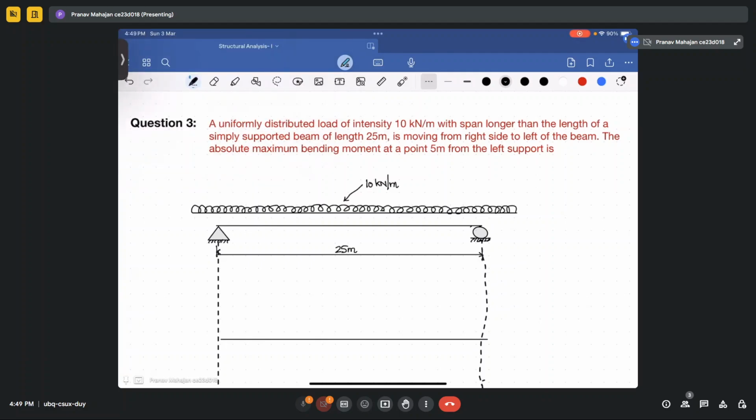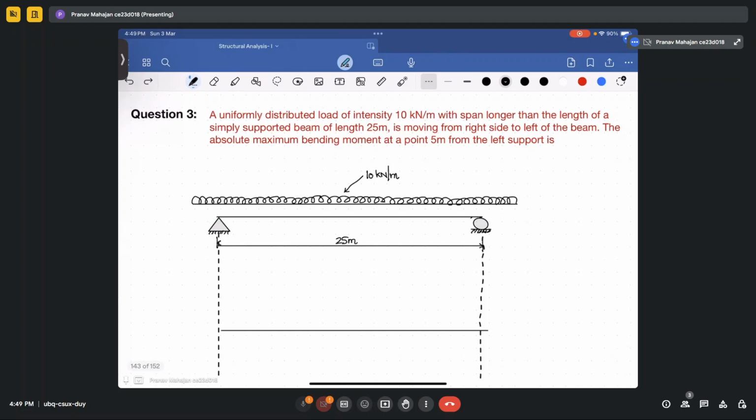If I draw the bending moment corresponding to x equal to 5 meter, it will be like this.